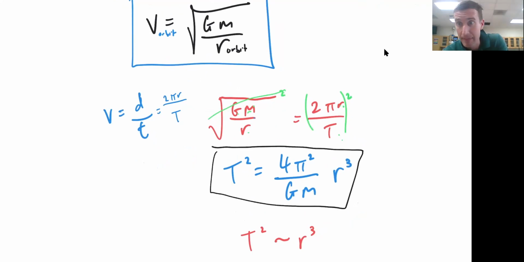Oh my God, that looks like the worst equation in the world. It doesn't really look like the worst equation in the world. There's just a lot of squareds and pi's and variables. So that equation would relate period to orbit radius, right?